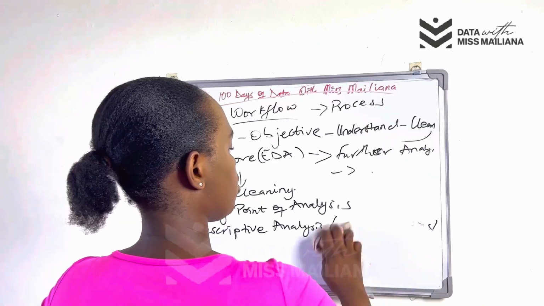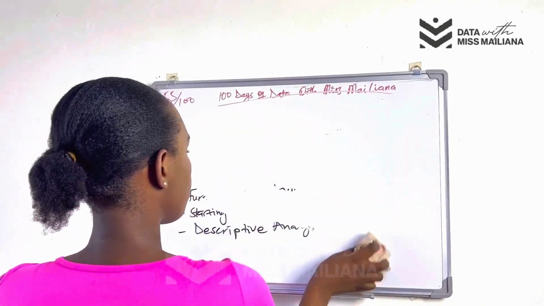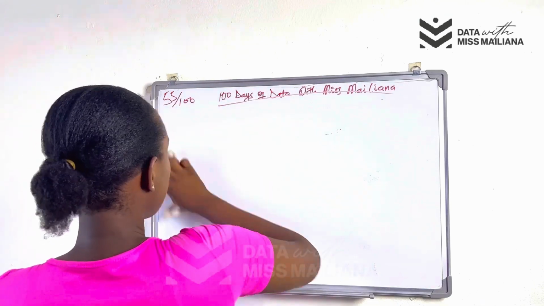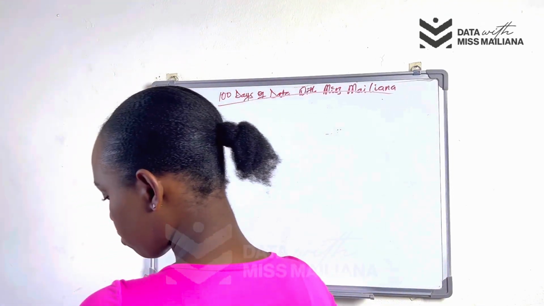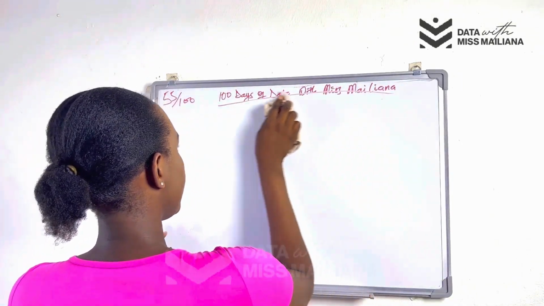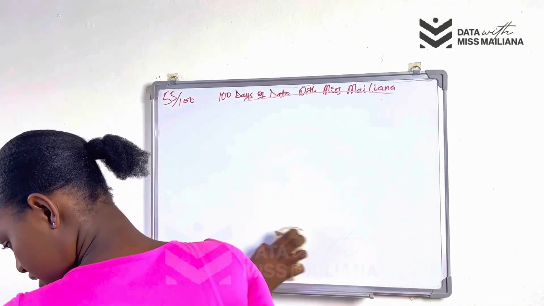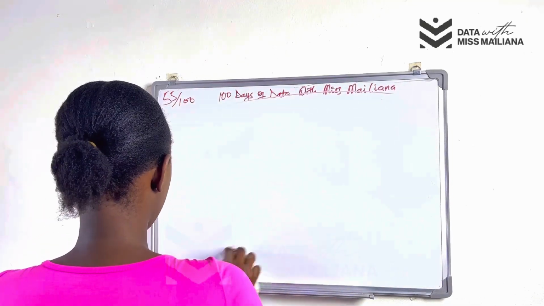All right, so from my note it says risks of what happens if you don't do EDA. The risk involved is that your data won't be trusted, right? You may trust incorrect data. Your data may be incorrect and you wouldn't know.